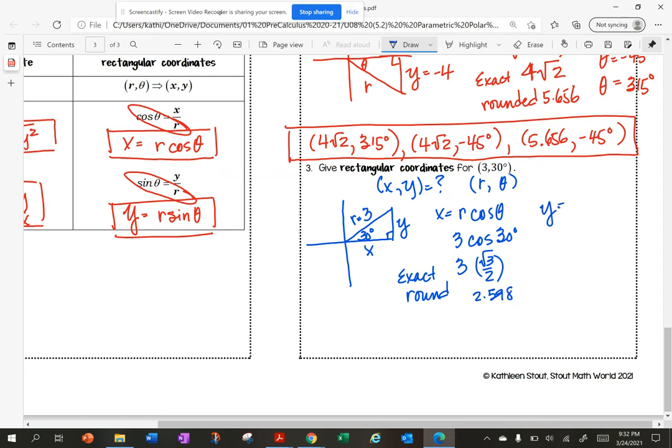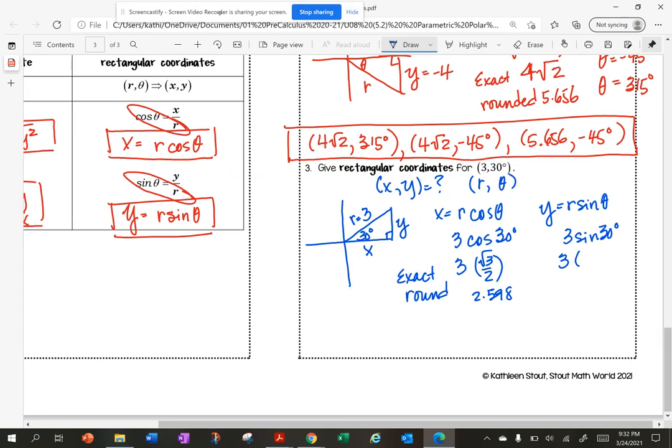So solving for y is r times the sine of theta. Substituting r is 3, sine of 30 degrees. So the sine of 30 is a half. So 3 times a half, which is 3 halves, or 1.5.